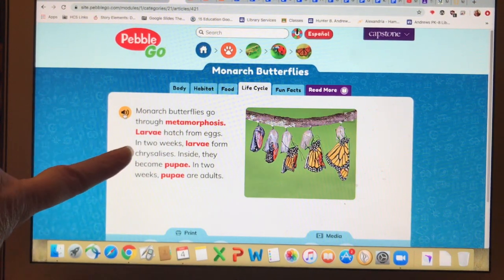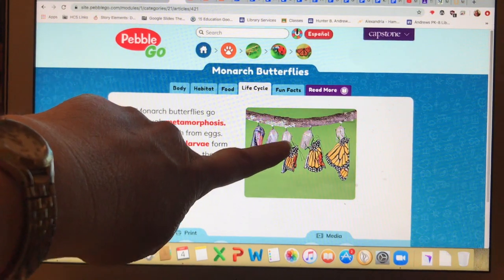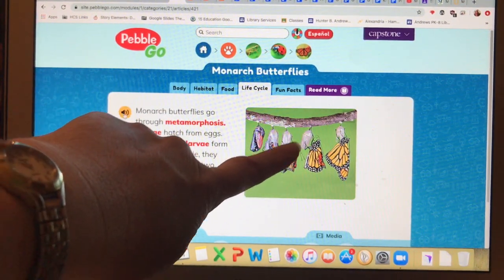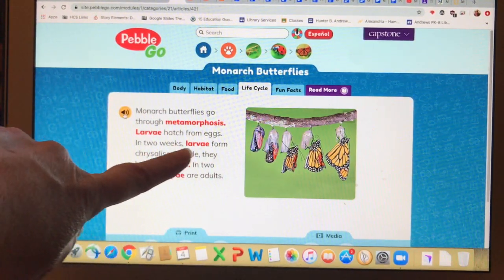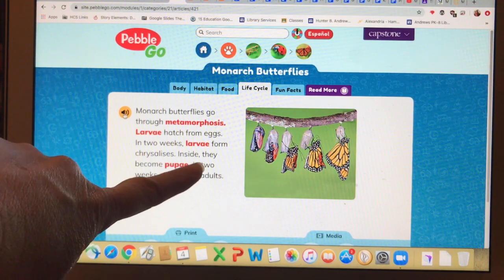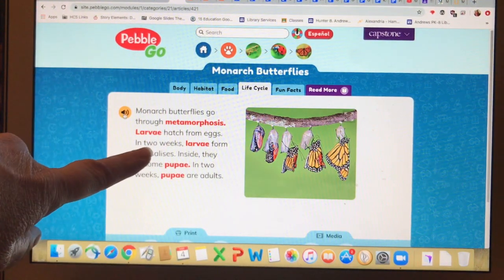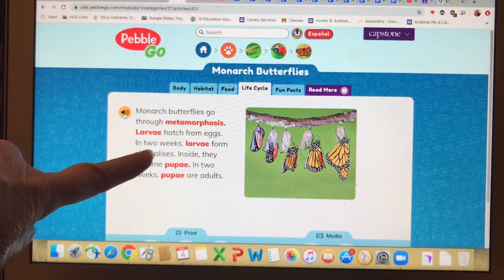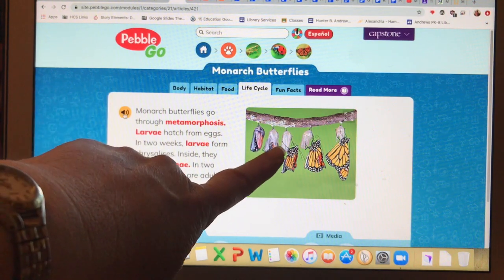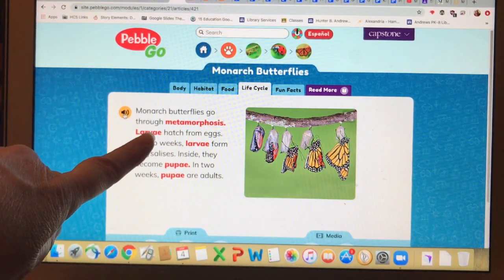So first there's the caterpillars, then in 2 weeks they form a chrysalis, and that's that little, you can see that little sheet protector on the outside. And then while they're inside, they're called pupa, and it takes 2 more weeks for them to turn into these beautiful butterflies.